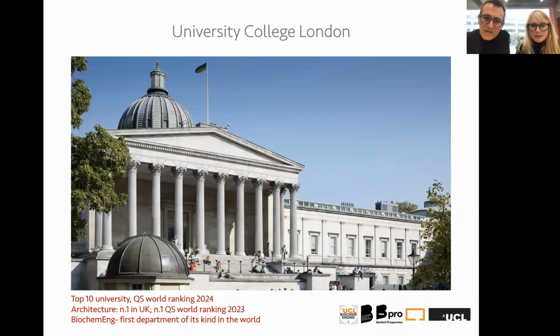So from the micro scale to the macro scale, another place where there's fascinating interactions happening is here at University College London. So you may be aware that we are a university that's very highly ranked for architecture, in fact, #1 in the UK and also in the world. And in terms of biochemical engineering, we are the first university in the world to teach the subject.